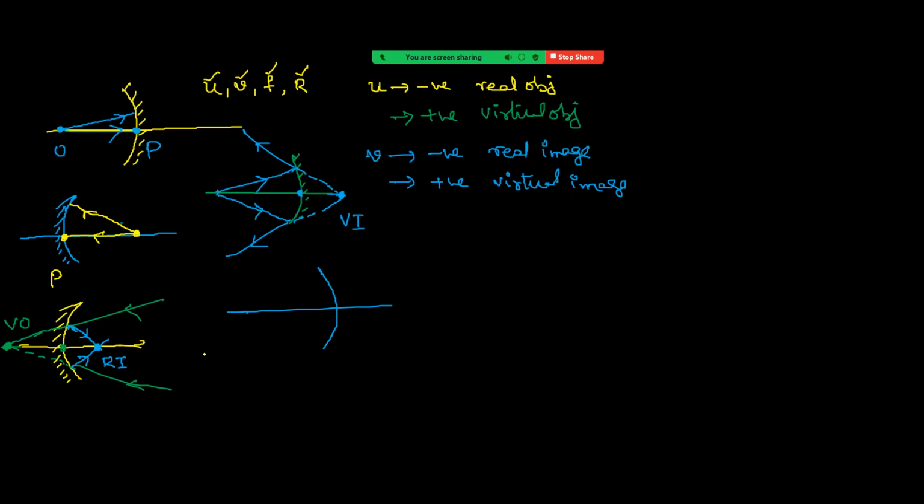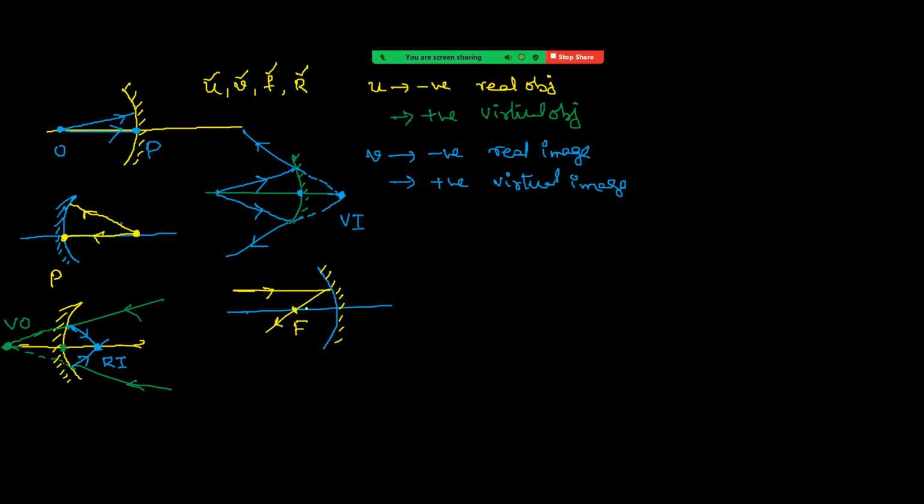Here we focus only on paraxial rays. After reflection, these rays cross the principal axis at one point, and that point is known as the focus.